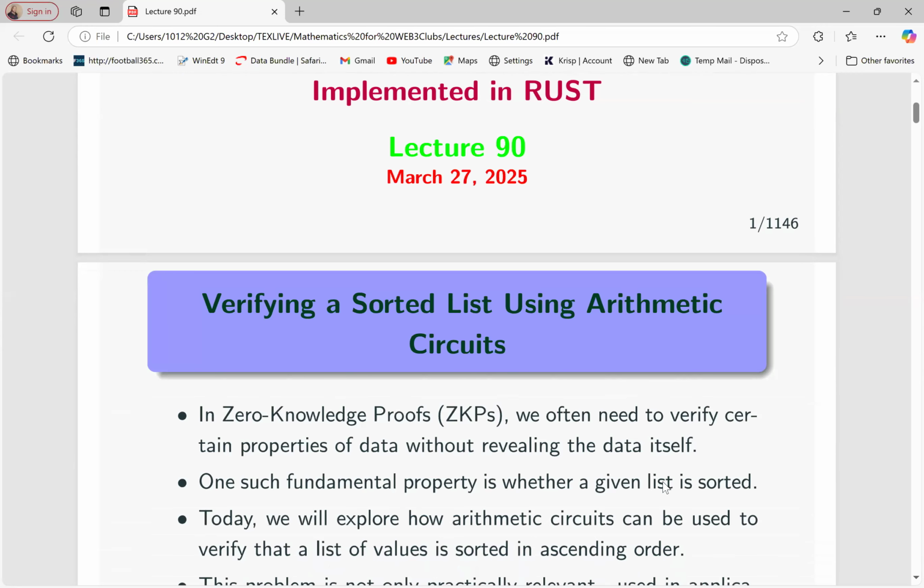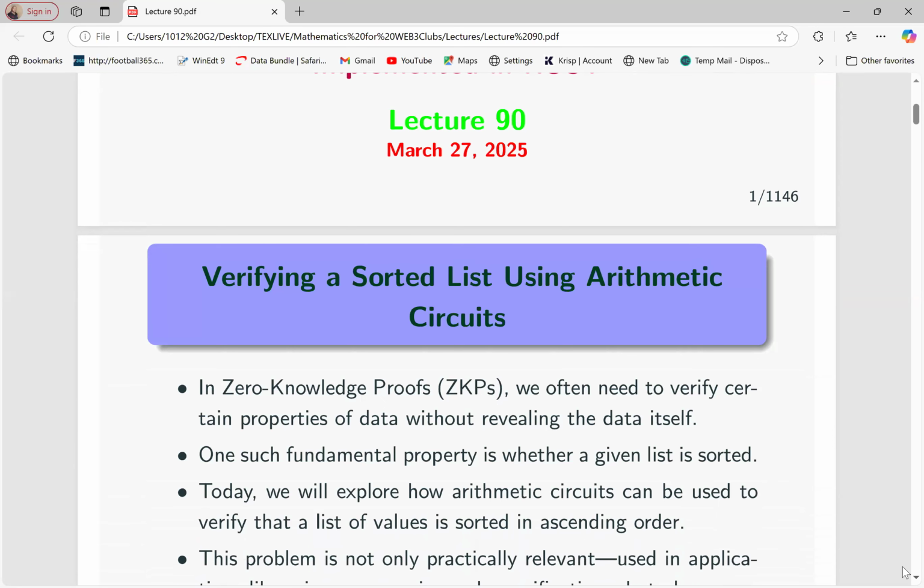I've noted here that in zero-knowledge proofs, we really need to verify certain properties of data without revealing what the data is. One property is that of the sorted list.